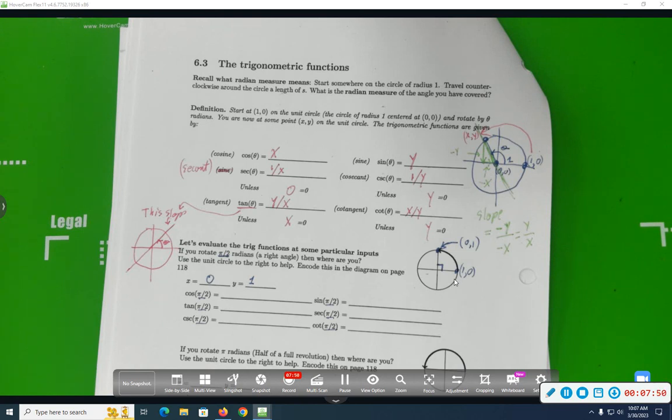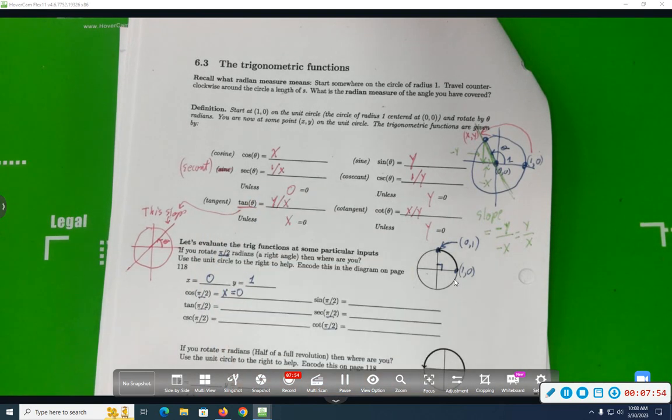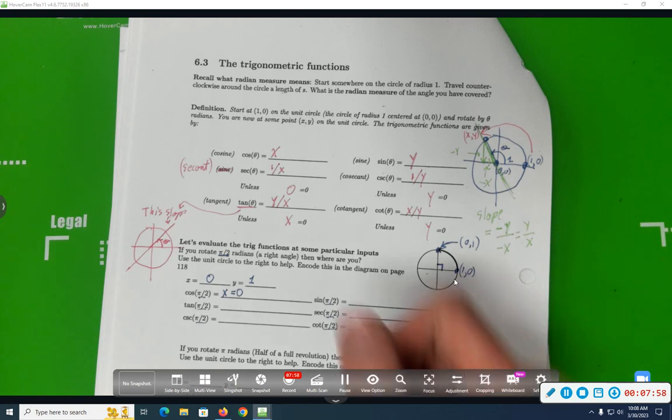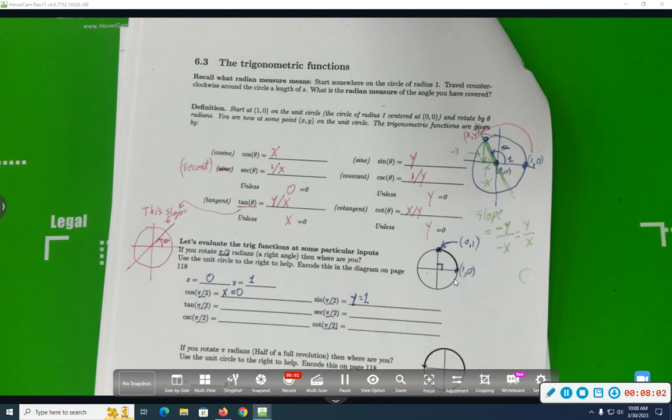Zero, because it will be the x-coordinate you land on, which we just saw was 0. What about sine? It's the y-coordinate. The y-coordinate is 1. Take a moment, fill in the remaining rows, and then we'll talk through them, and then we'll flip back to this unit circle page. Unless you tore yours out, then I guess you don't have to flip back.